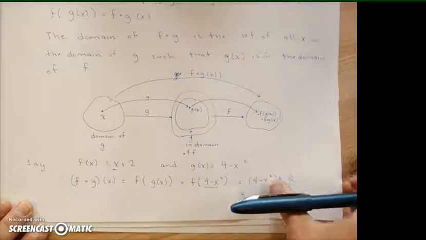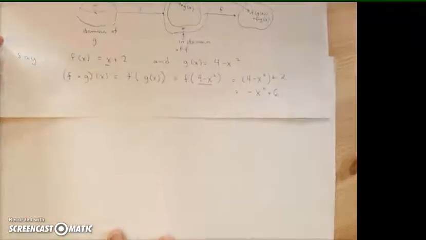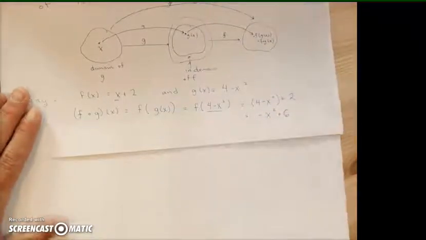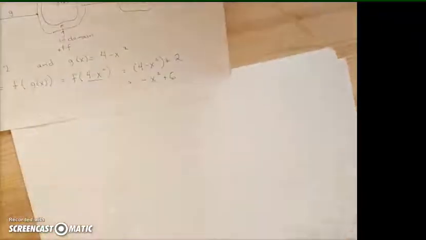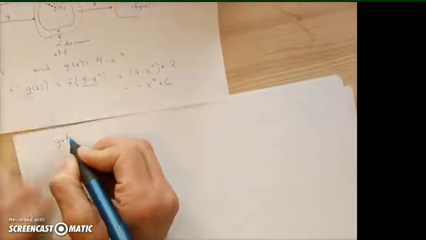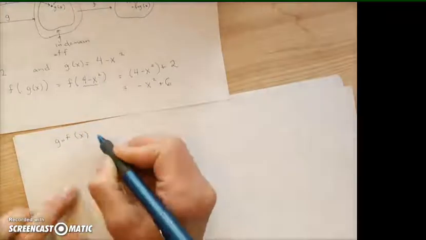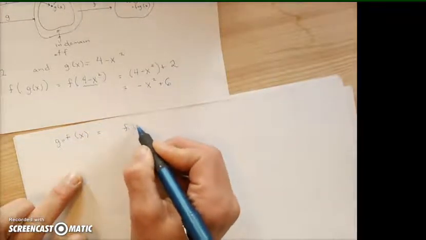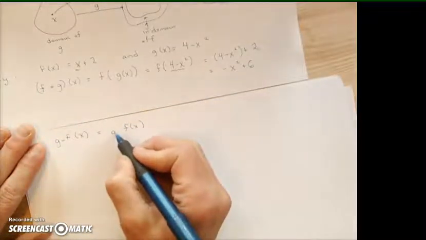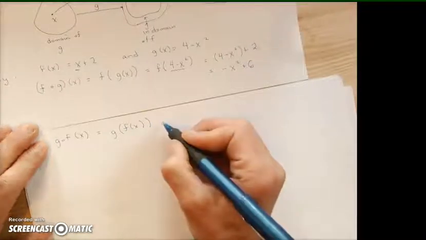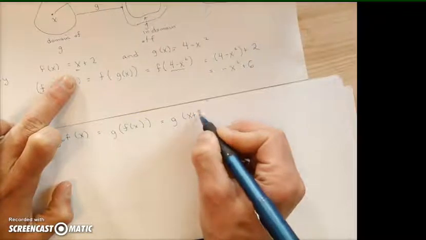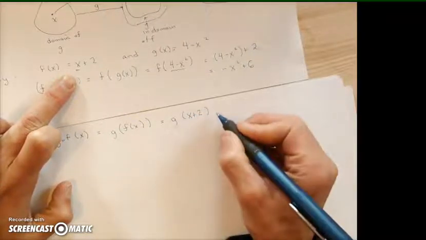Okay, let's do the other direction. Let me keep that up there so we can compare. So let's try to do g of f of x. So now in this case, I'm going to do f of x first, and then I'm going to plug that into g. So f of x is x plus 2. So I'm going to do g of x plus 2.